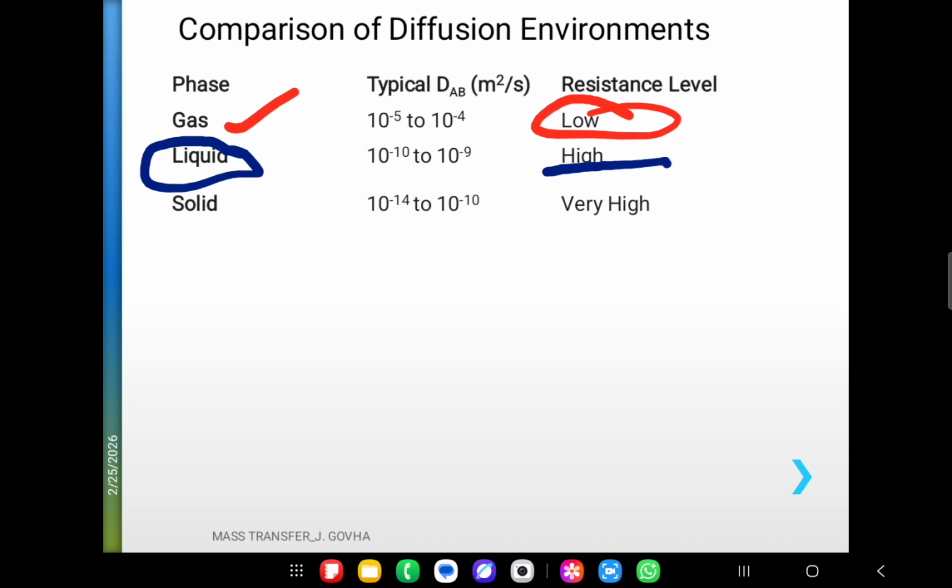That's why we can talk about diffusivity that is much slower as compared to the gas. And if we move further to the solid, you would find that diffusivity is even much slower.